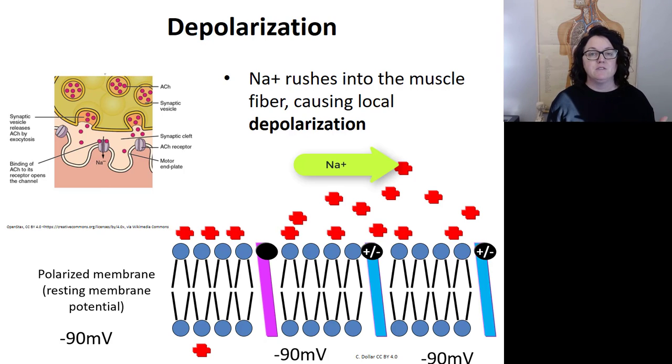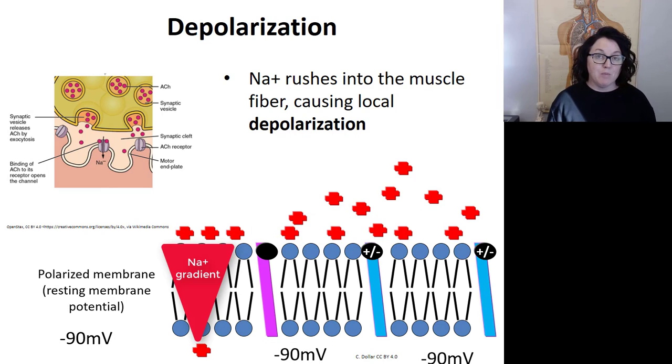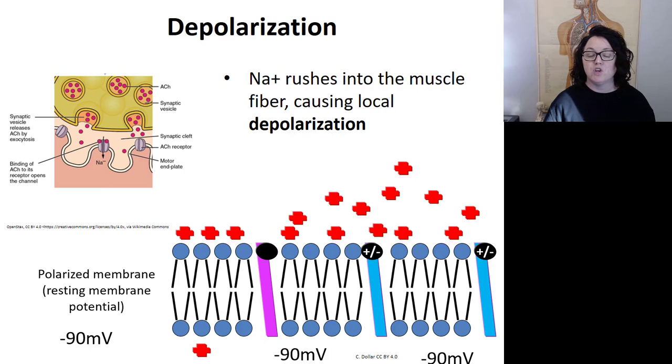So the red pluses are sodium ions. We'll call the area above the cell membrane outside and the area below the cell membrane inside. There's a lot more sodium outside the cell than inside. As sodium rushes into the muscle fiber, it's going to cause a local depolarization, a local change in voltage. So let's put this together with what we already know.